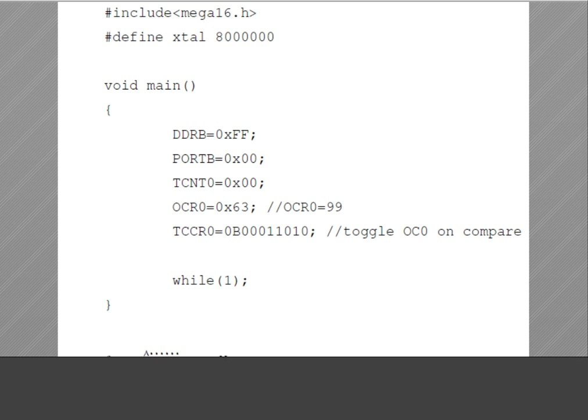That's right. We start from 0 to 99, that means 100 counts. Okay, 100.